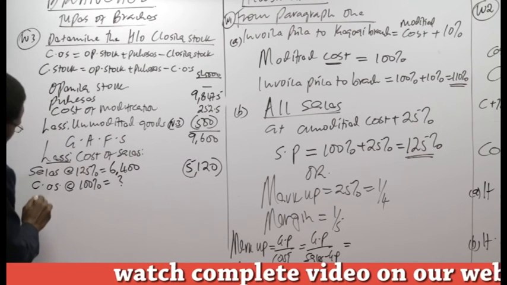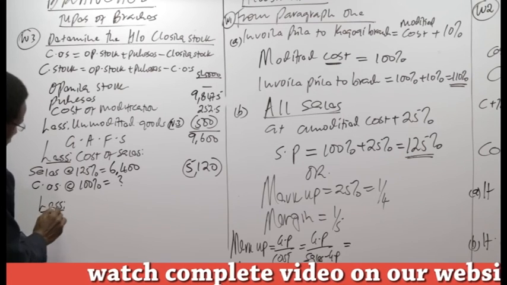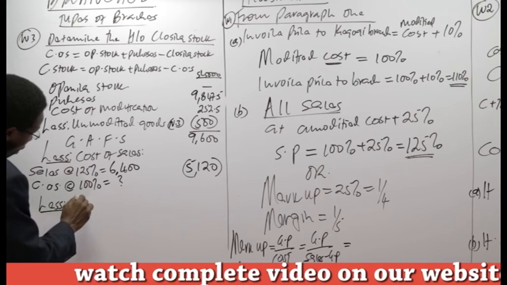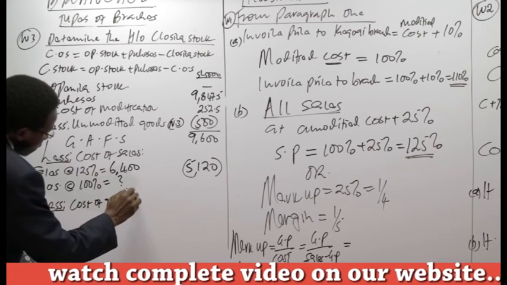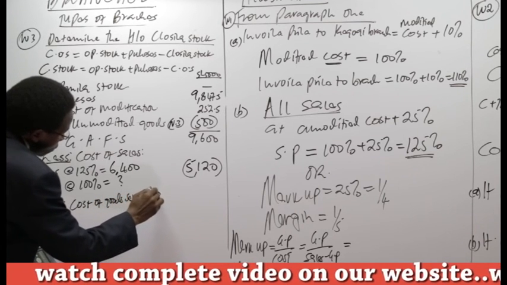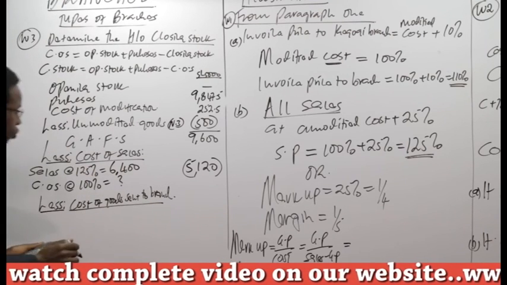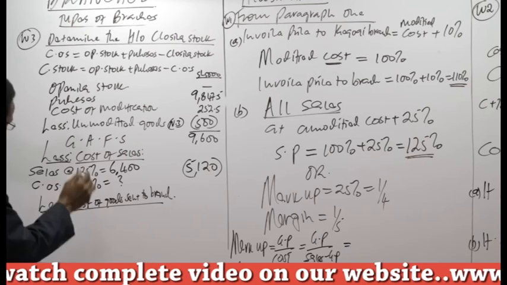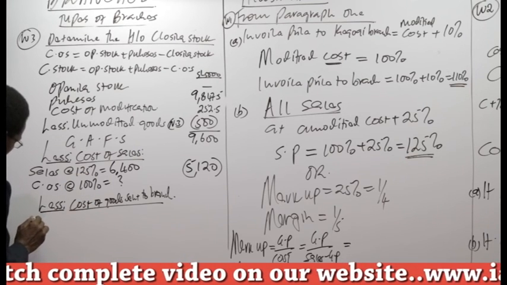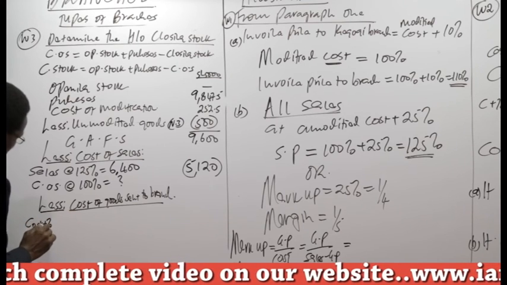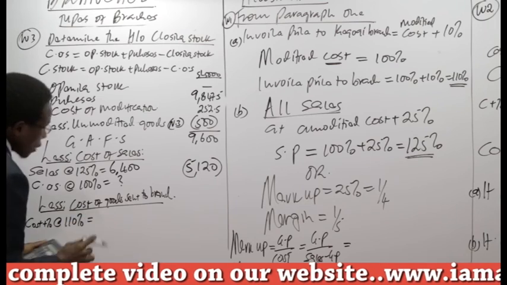Apart from that, friends, we also have less cost of goods sent to branch. Don't forget the cost of goods sent to the branch. Here we send goods to the branch at a cost plus a markup. That is at 110%.